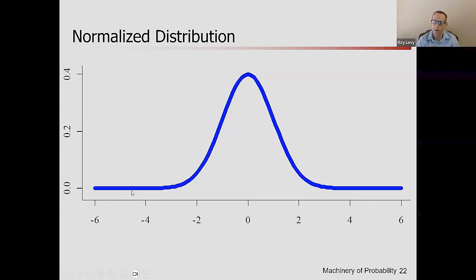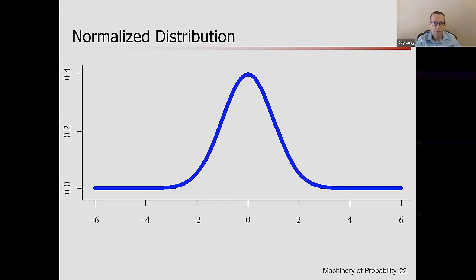I've drawn it going from -6 up to +6, but the distribution does go on indefinitely. This is a normalized distribution. If I were to integrate over the real line, that is, look at the total area under the curve, the integral would come to be 1. That's what we mean when we say probability has got to integrate or sum to 1.